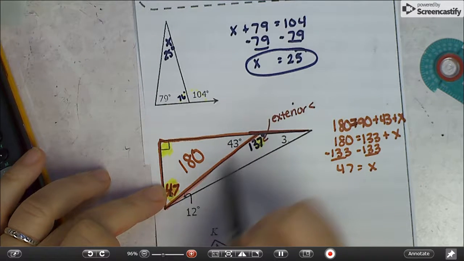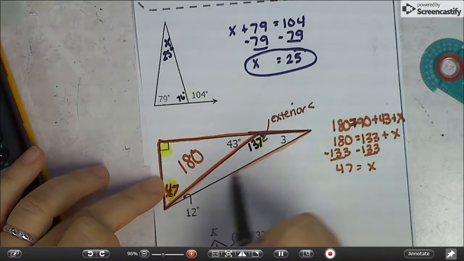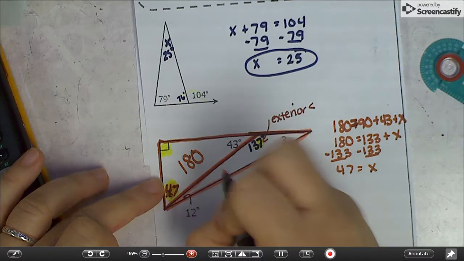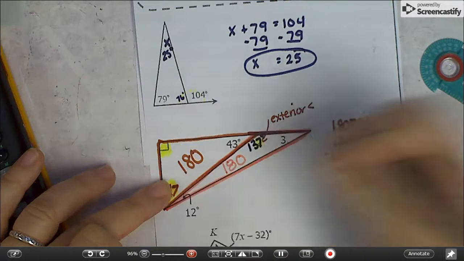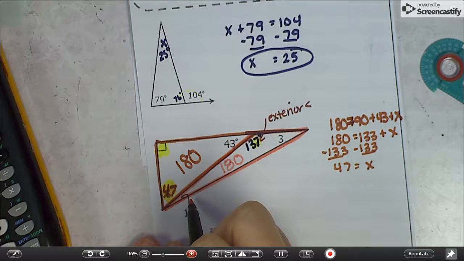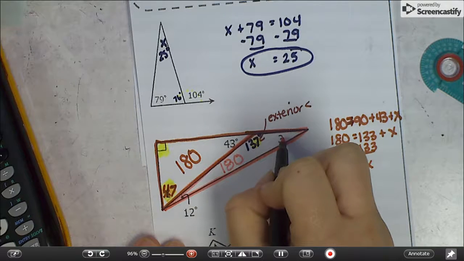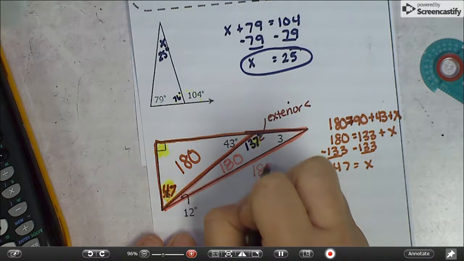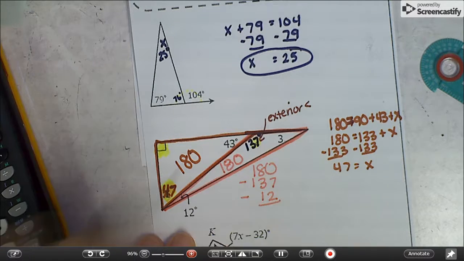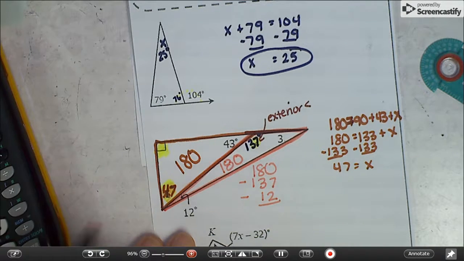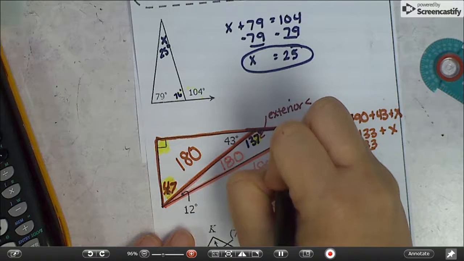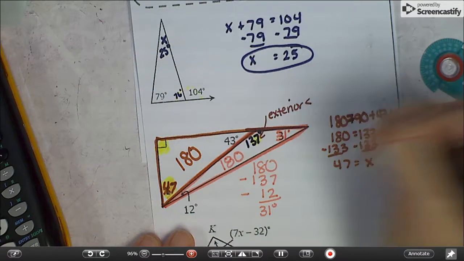We have another triangle. This one's scalene for sure. And the sum of the angles in a triangle are always 180 degrees. So to find angle 3, we could do 180 minus 137 minus 12. And that will give us 31 degrees. So angle 3 is 31 degrees.